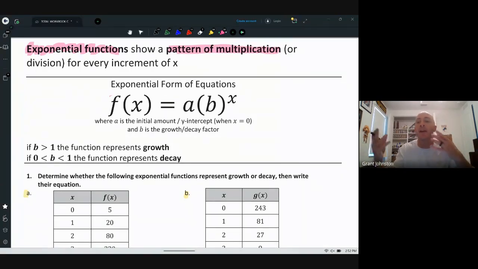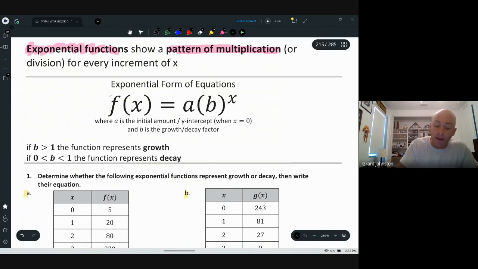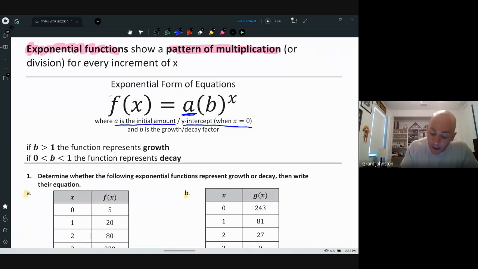So when you see a table or a graph where you can see that the pattern is that there's a multiplication each time, we define this as an exponential function. It's written in this form of f of x equals a times b to the power of x, where a is that initial amount, our y-intercept when x equals 0, and b is that number that we're multiplying by, which is our growth or decay factor. Okay, our growth or decay factor.